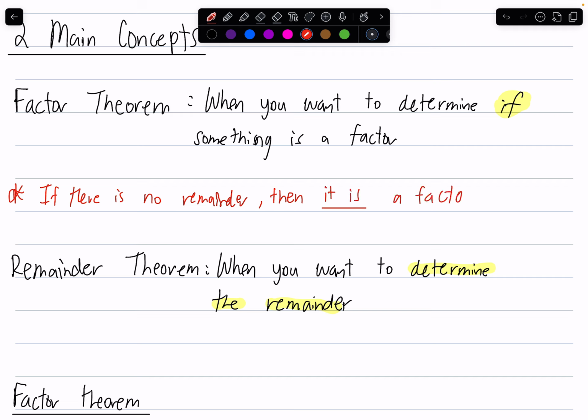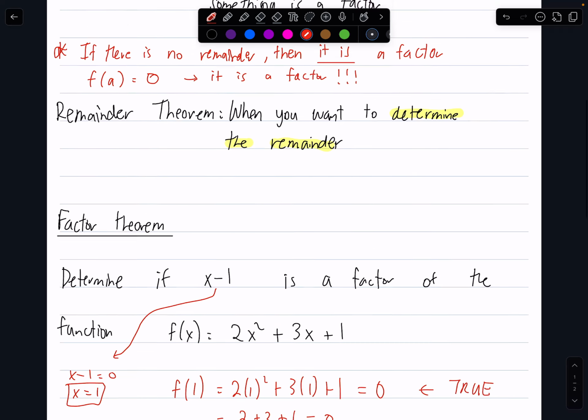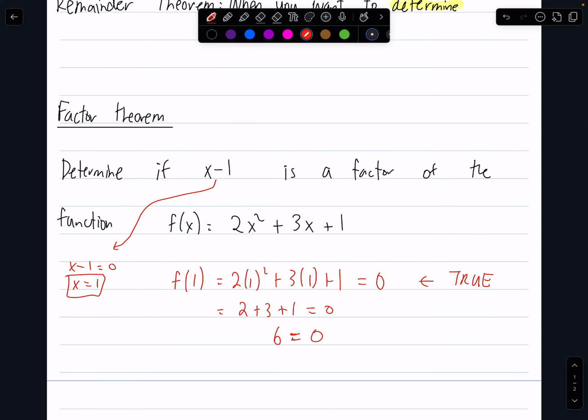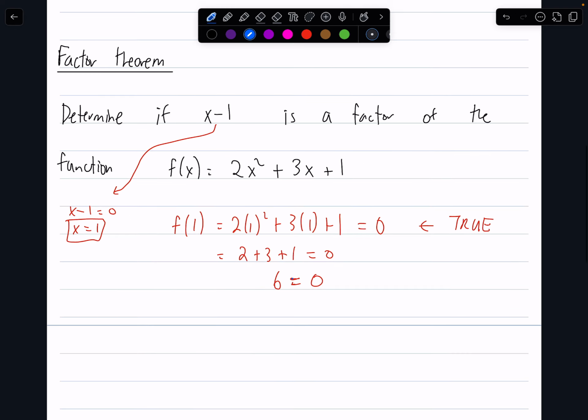So if f at that number equals 0, it is a factor. Look carefully: we're given a factor and asked to determine if it is a factor of the function. If it equals 0, it's a factor. In this case, it didn't equal 0 because 6 does not equal 0.